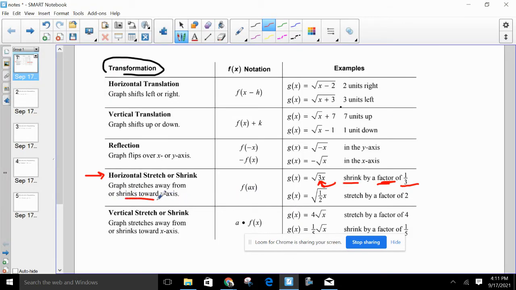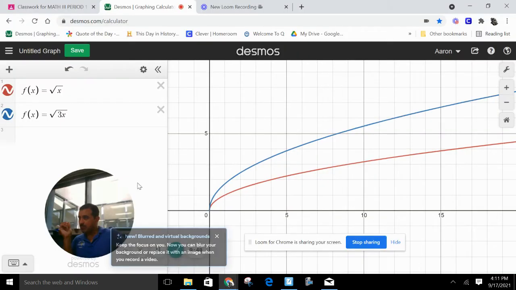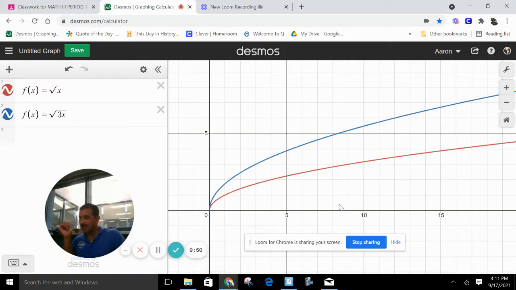It shrinks toward the y-axis. Notice that. It stretches away from, or shrinks toward, the y-axis. So here, I put a 3 in front of the x, and the blue graph is shrinking towards the y-axis. Imagine taking the red graph and smashing it against the y-axis, that's what's going on. We call this a horizontal shrink.